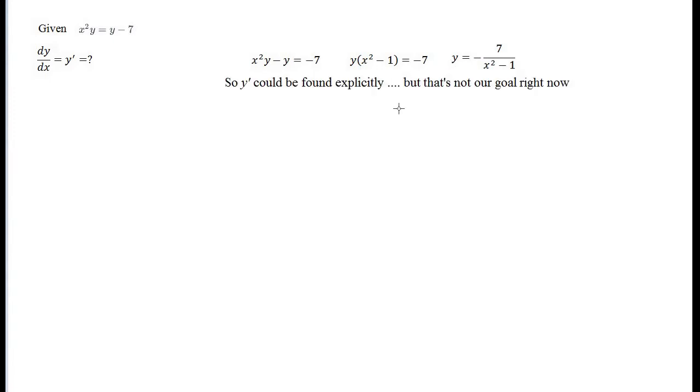We could have rearranged this equation to get y by itself, and then we could have pursued y prime, but that would require an explicit application of derivatives, and the benefit of this approach would lie in the fact that y prime would be given to us purely in terms of x's. But that's not our goal. Our goal is to find y prime no matter the cost. We don't care. This is not a beauty contest.